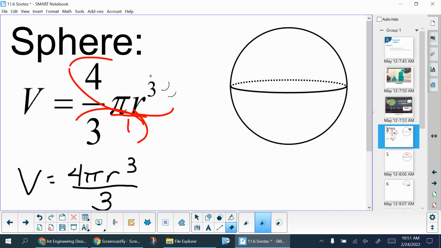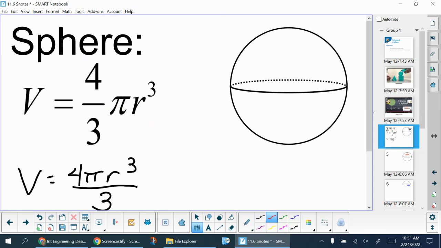Sometimes it's easier to think about it in terms of one, and sometimes the other. Most people prefer the first one. But there's a couple examples in the homework where r is a fraction, in which case this version is kind of nice, because then you don't end up with a fraction divided by 3. Although with a calculator, it's not that big a deal.